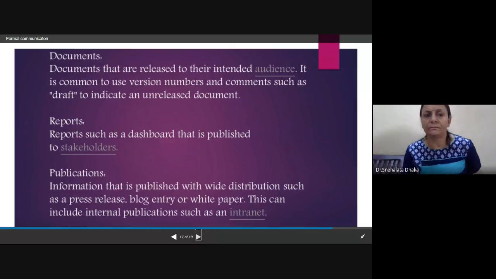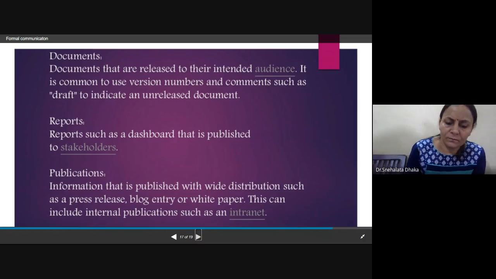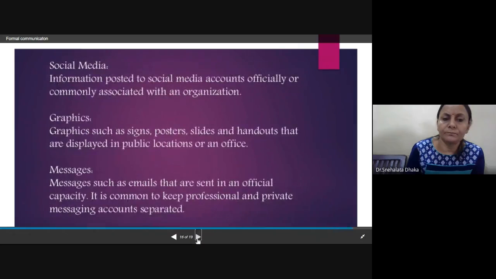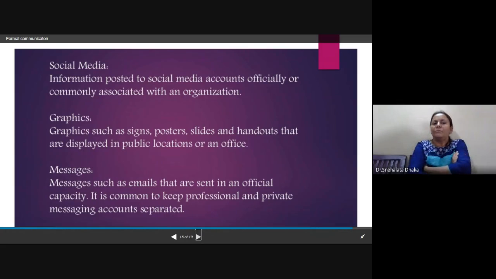Now documents. As your mark sheet is a document only, a formal document only. Reports, publications, these are all the various forms of formal communication. Social media, graphics, messages.